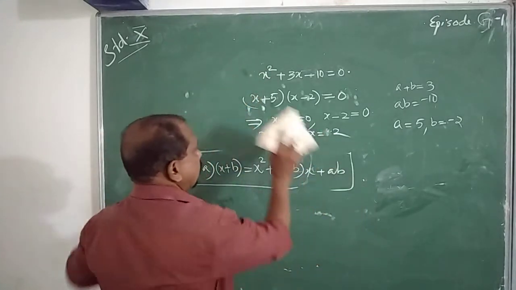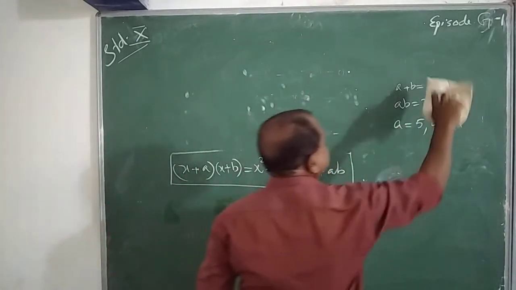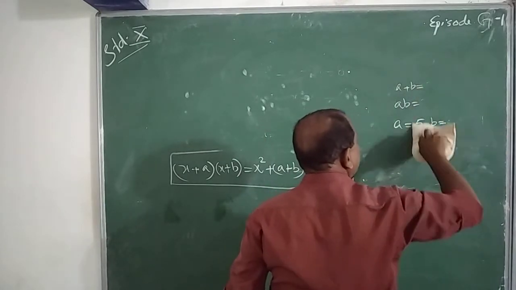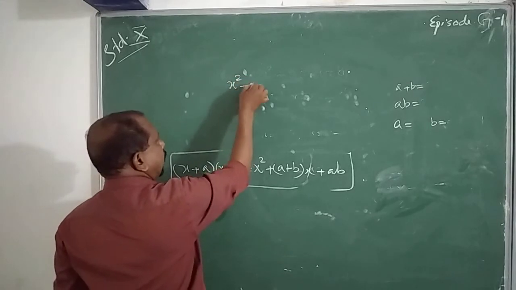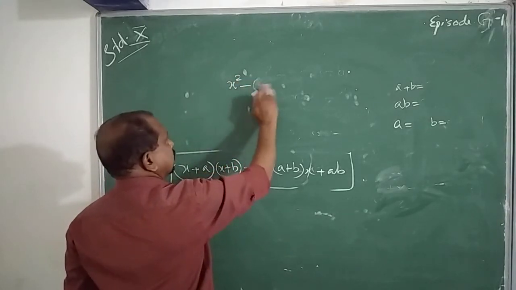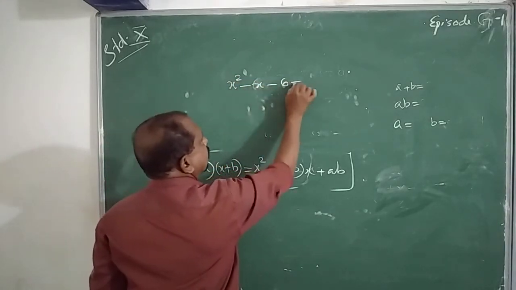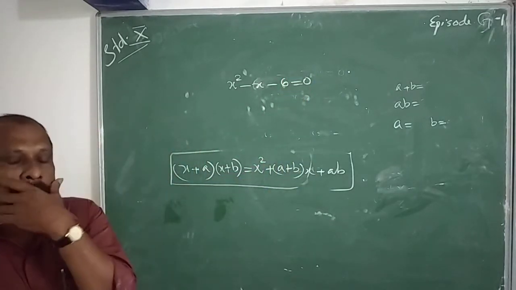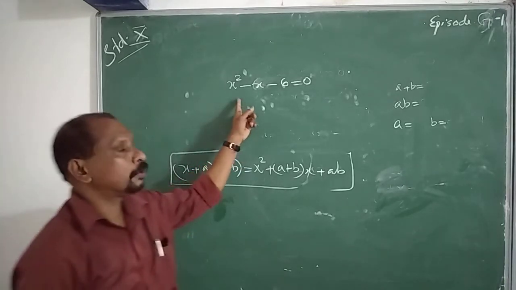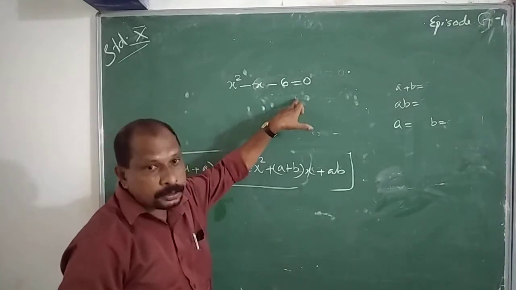Then, let us consider another example: x square minus x minus 6 is equal to 0. That is another quadratic equation. What is the coefficient of x? It is minus 1. What is the constant? It is minus 6.